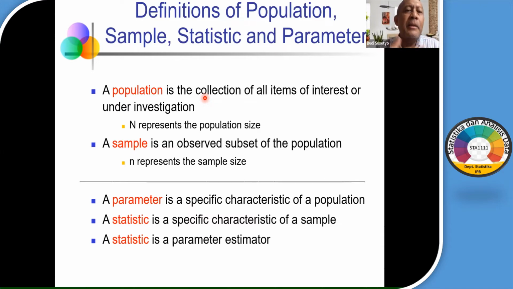I define it in the first step of the research. The other persons define population as all of the students of IPB University. It depends on me. Even I may define population as the students in international classes year 2022. That means 14 students in this class I define as a population.